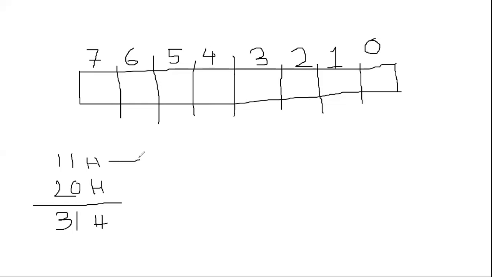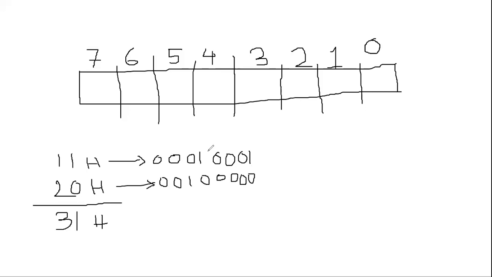Now, if it is converted to binary form, it will be like 0, 0, 0, 1. This is for the 1, and again 0, 0, 0, 1. This is for this one, and for this 0, 0, 1, 0, 0. These all are 0.